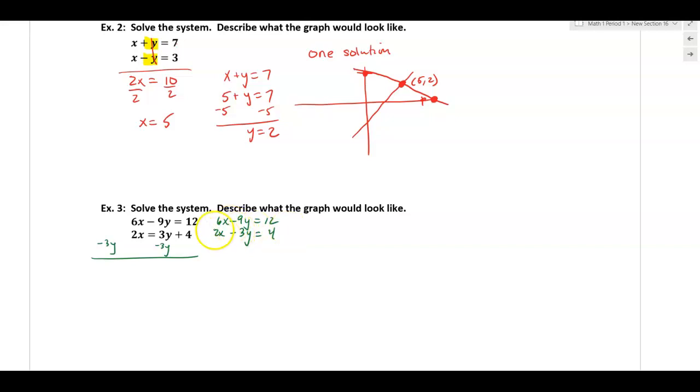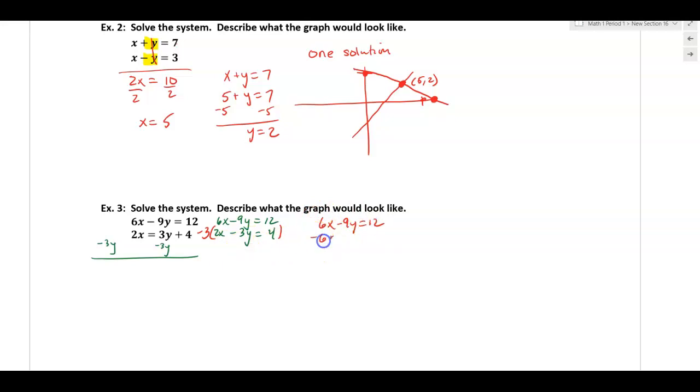But I know right away if I multiply 2 by 3, I can eliminate the x's, right, by turning the 2x into a negative 6x. So I'm going to multiply the second equation by negative 3. My first equation stays the same. 6x minus 9y equals 12.